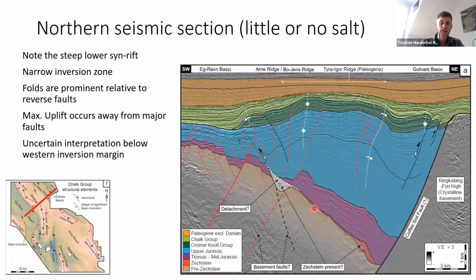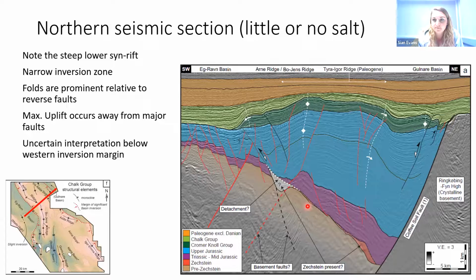So I think it was mainly an effective player. If you will, it was mainly working as a detachment horizon for faults. Above, I think it would be difficult for salt to have any buoyancy effect in a situation like this.